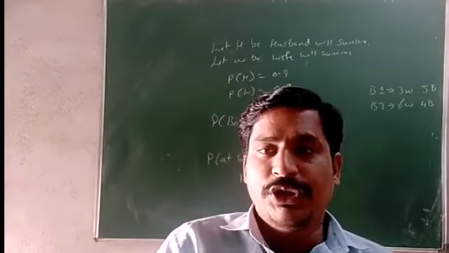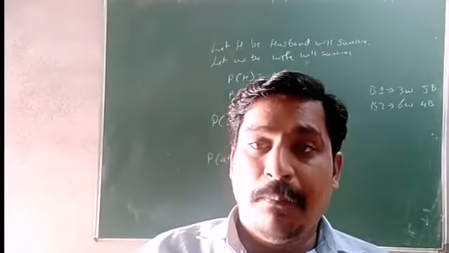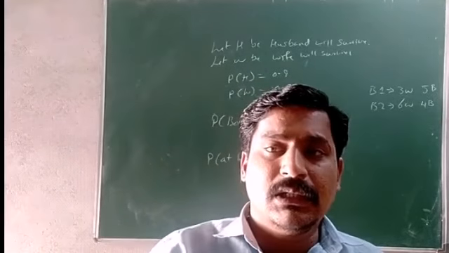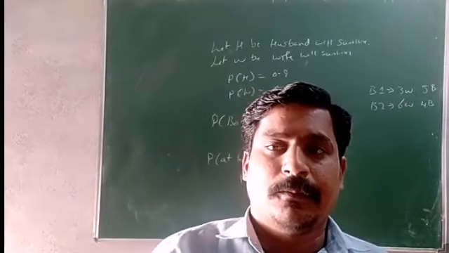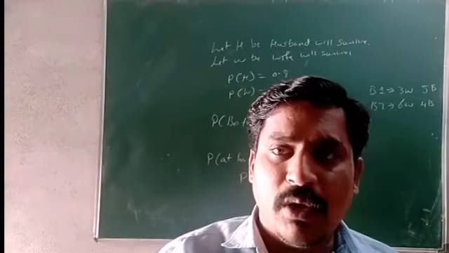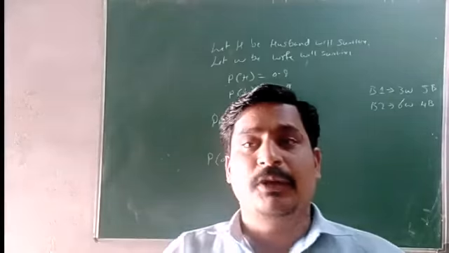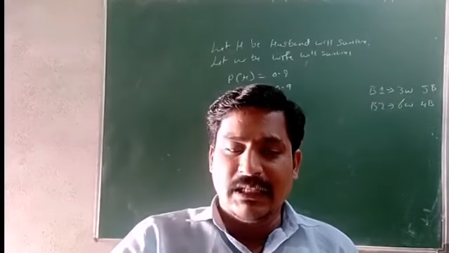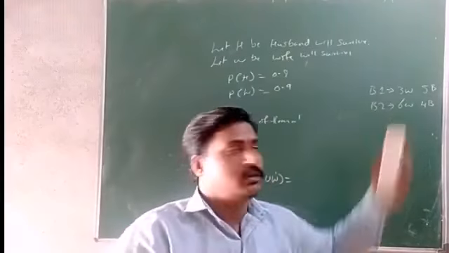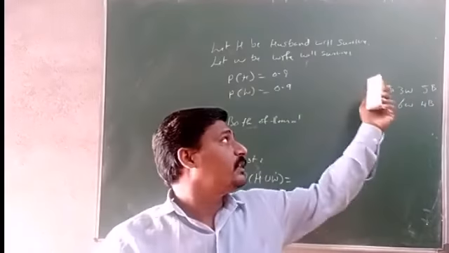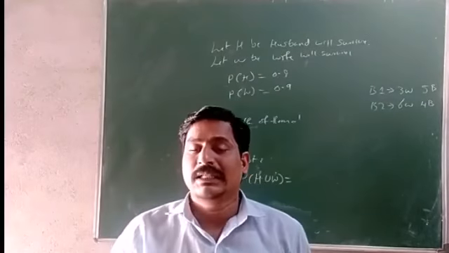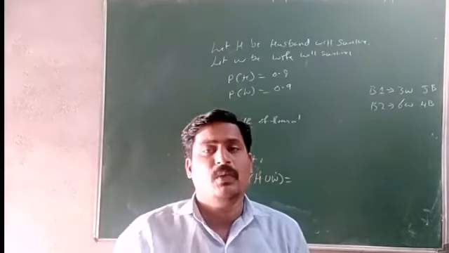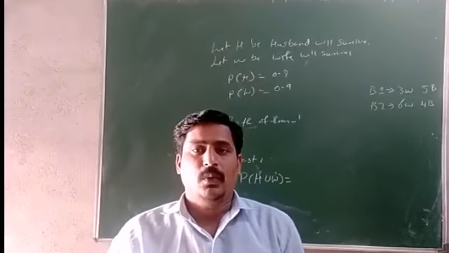So the question should be understood properly first. A box is selected at random. So out of these two boxes, the first selection will be a box. Then the second thing is we are going to draw a ball from the box which we have selected. So first we have to find the probability of selecting one box among these two boxes, the probability of selecting the first box and the probability of selecting the second box. Both are equal here, so selecting any one box is 1 by 2.